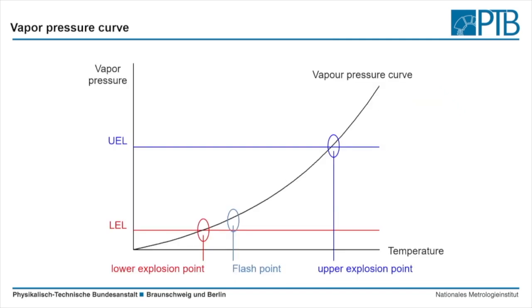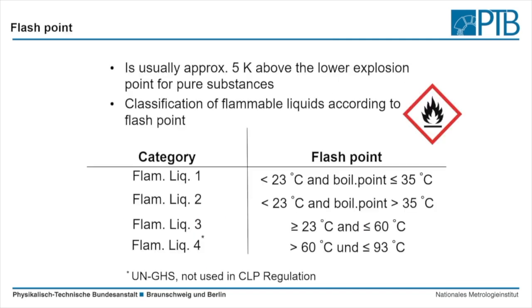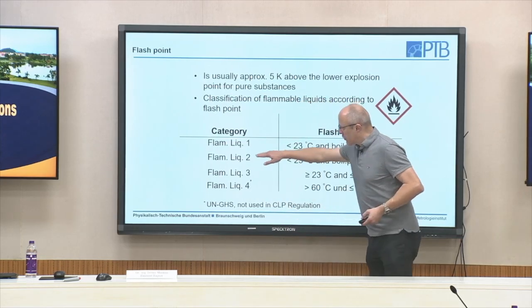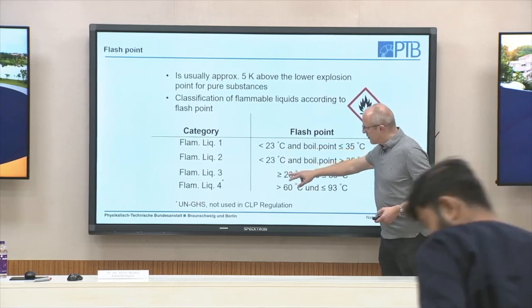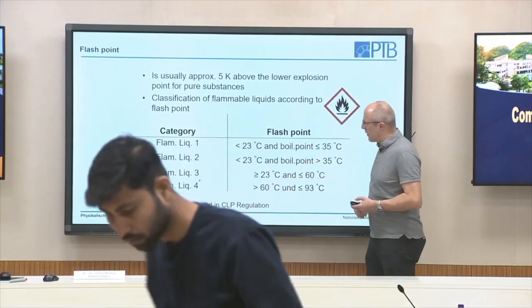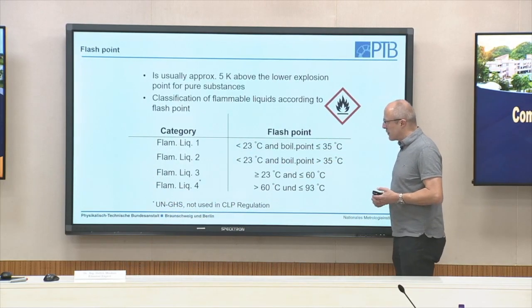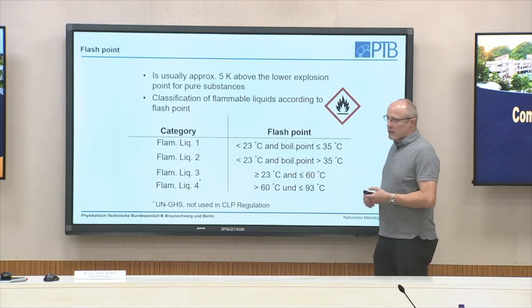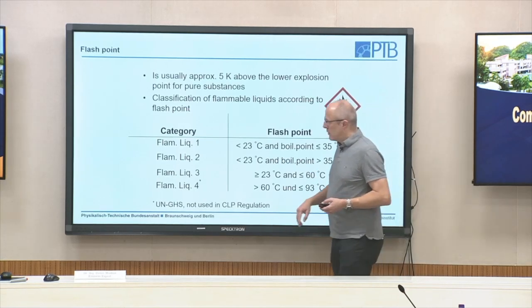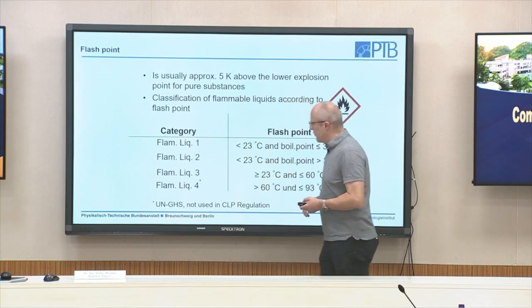If we have a higher boiling point, we have category 2. If we also have a higher flash point, above 23 degrees Celsius and below 60 degrees Celsius, we have a flammable liquid of category 3.